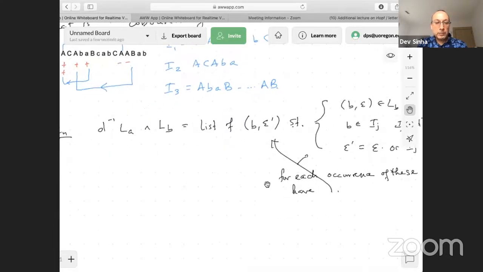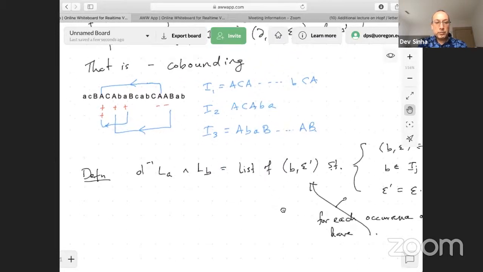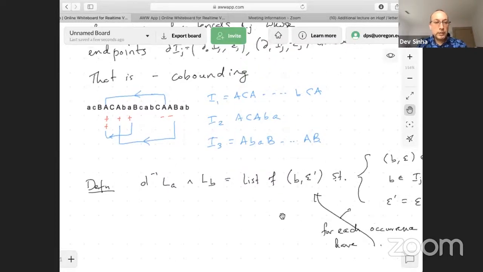And that's what, right, so let's go back here. In this example, we had that LA was with the red pluses. So in this case, LA is indicated by the red pluses. Let LB be indicated by the green, and LA was red plus minus, and LB by the green plus minus around B's.